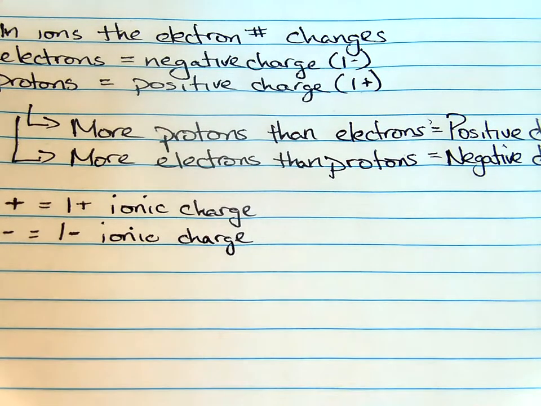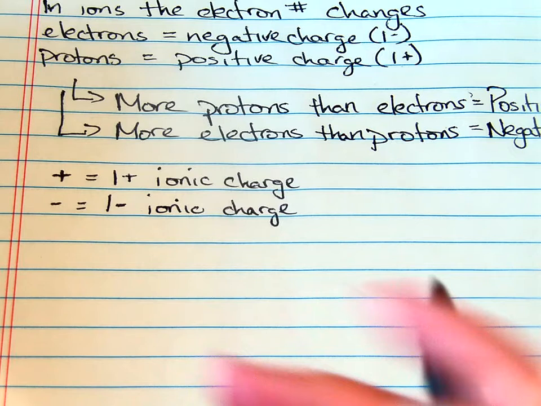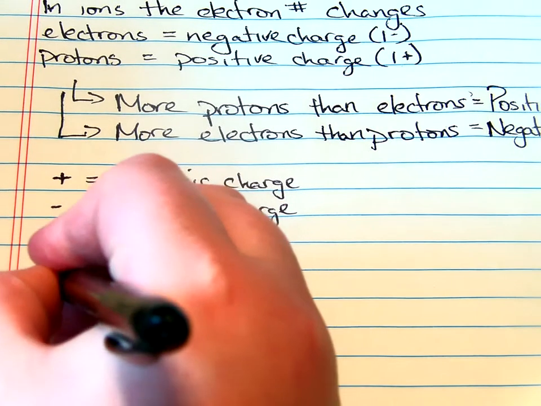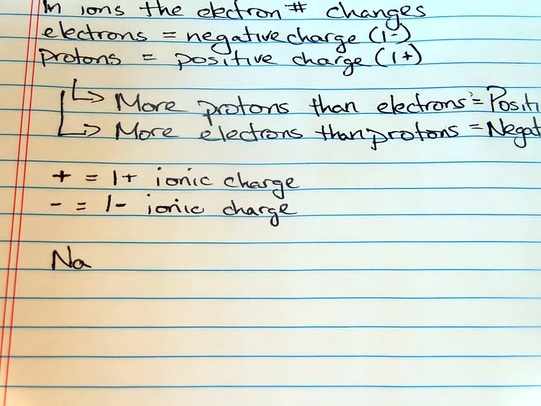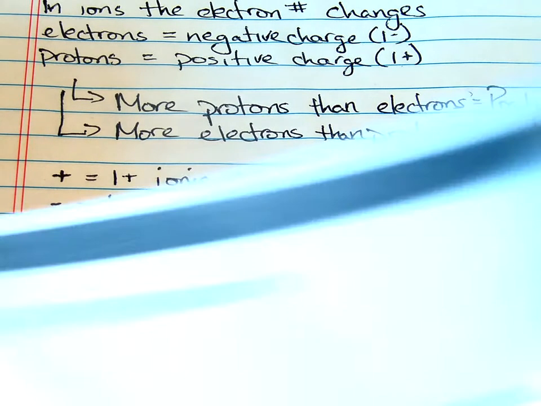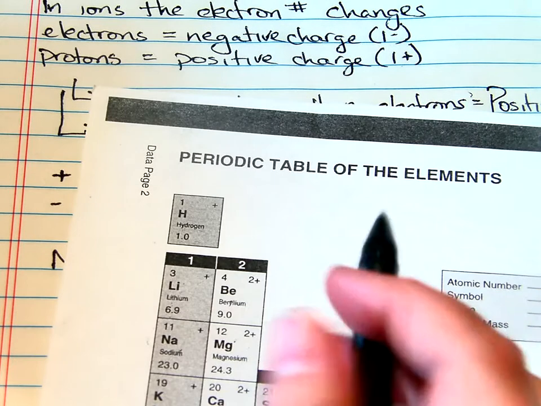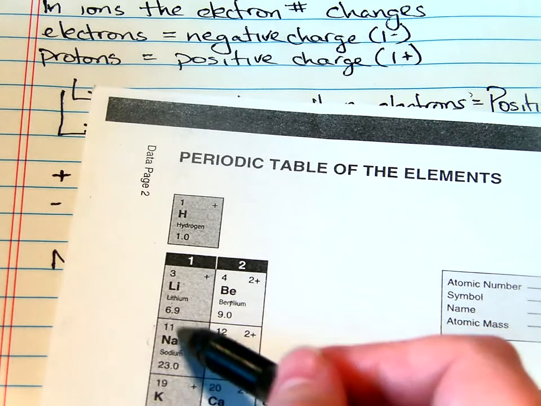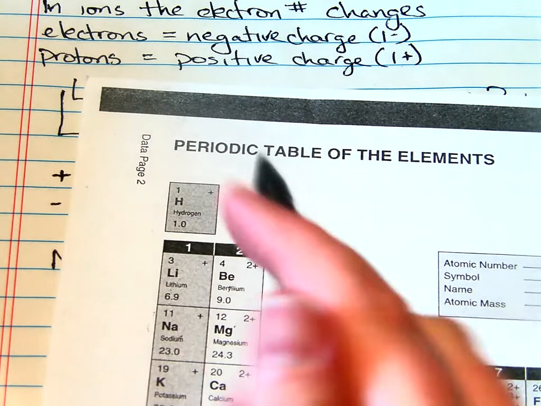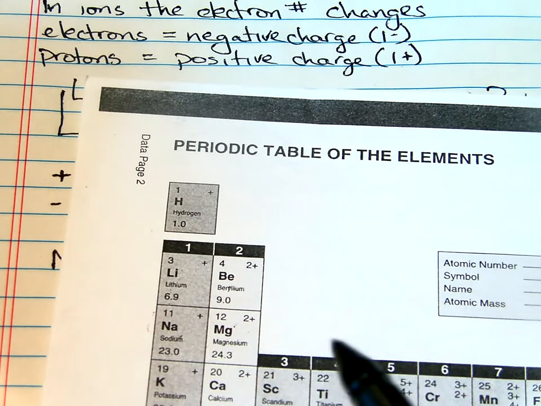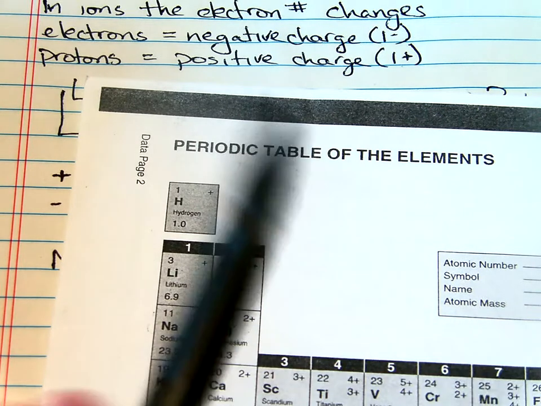Okay, that being said, our first example is going to be sodium. So if we look up sodium, we see that sodium has 11 as its atomic number. It's got a charge of 1 plus, and it's got an atomic mass of 23.